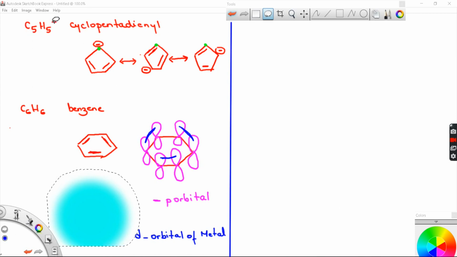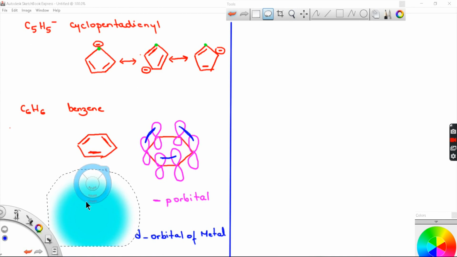Cyclopentadienyl is C5H5-, where we have a minus and two double bonds, and we have resonance forms. So the minus is on this atom, or on this, or on this. So the minus is delocalized over the structure of Cp. Consider benzene. In benzene, we have 3 double bonds due to the overlap of p orbitals.